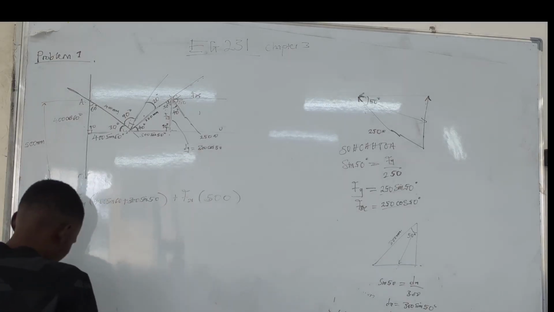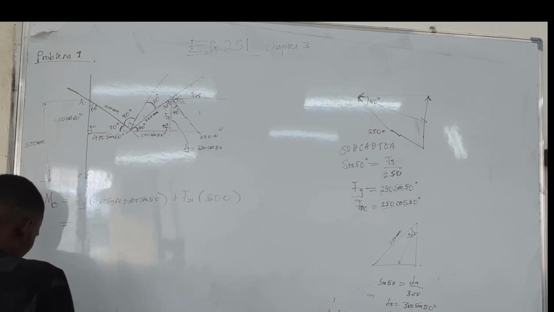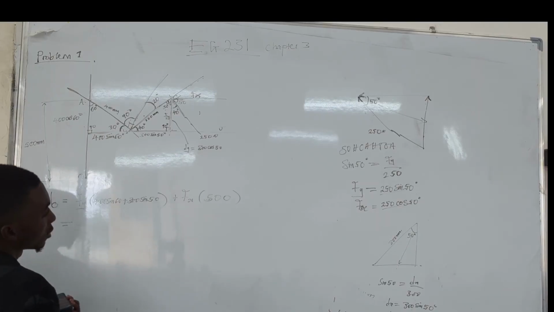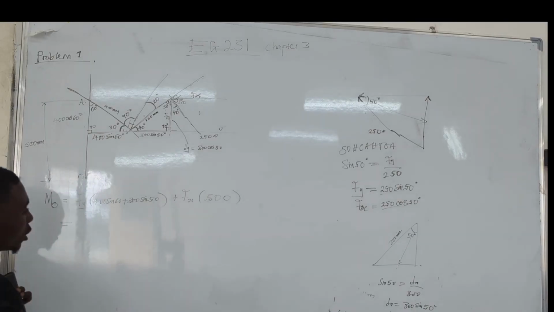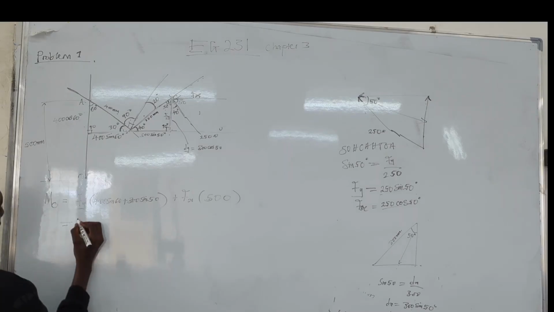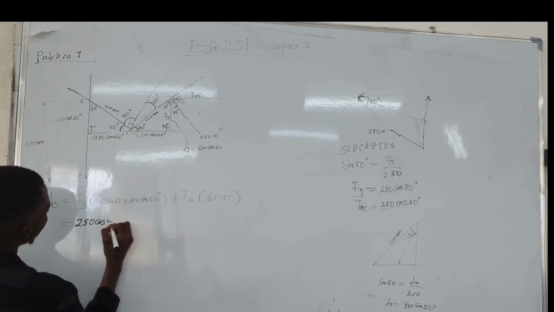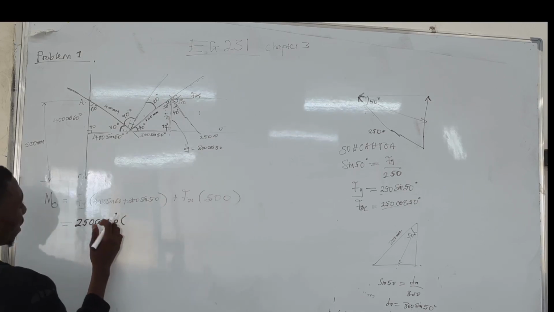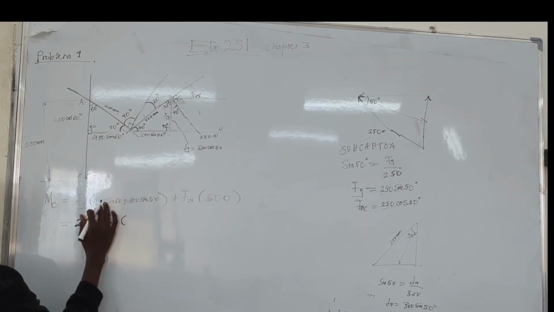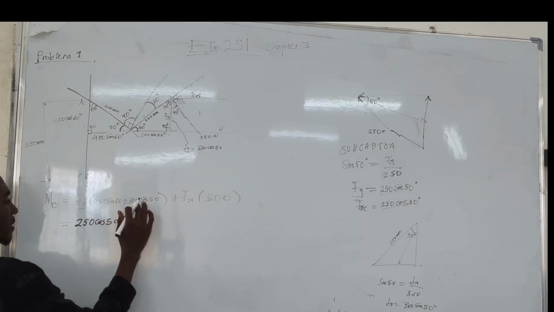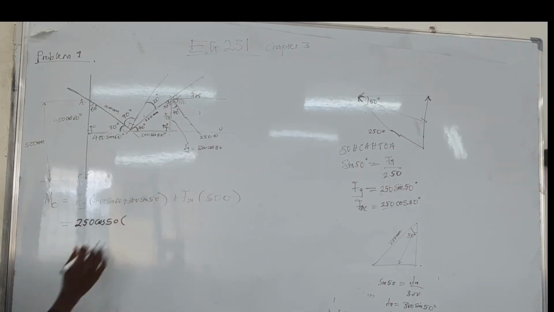The force in the y will be 250 cos 50. What is the sum of 400 sine 60 plus 300 sine 50?